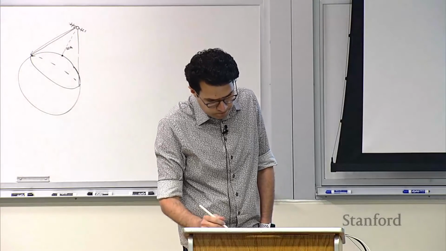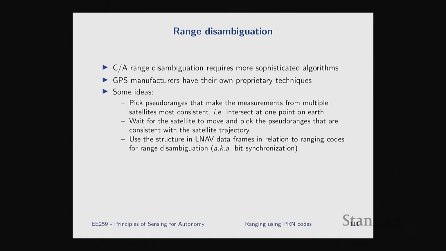What do we do? It turns out there are multiple ways around this range disambiguation, and different GPS manufacturers have their own secret sauce for how they do this, and they don't, of course, tell us what they do. But there are ideas out there which can work. If you were to implement your own, you can pick some of these. There are more than the 3 ideas listed here, but these are the easier ones.